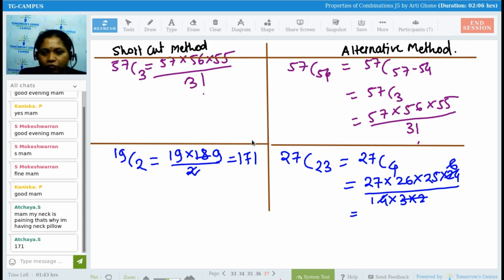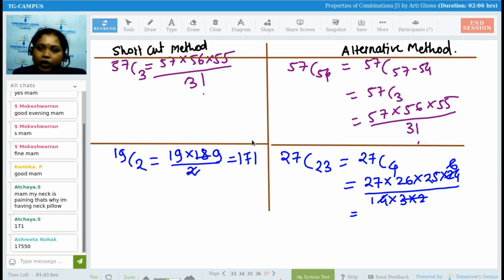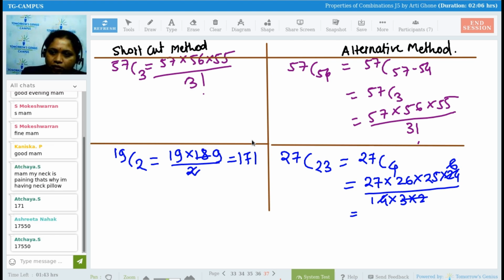We know the direct value of 24 is the value of 4 factorial, so you can directly cancel 24 also. 17550, very good. So 17550 is the answer.